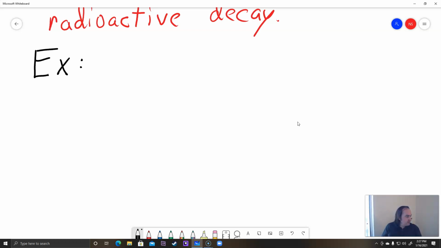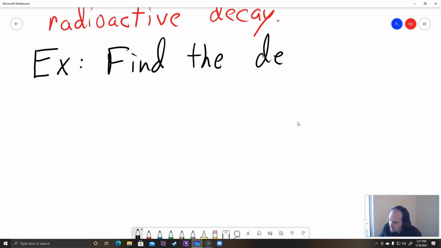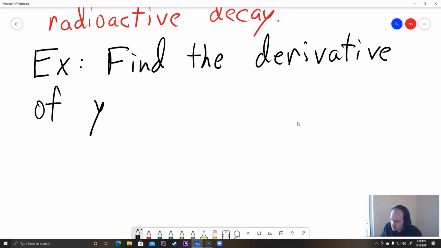So, example: find the derivative of y with respect to x.